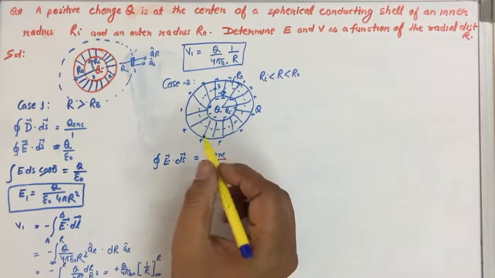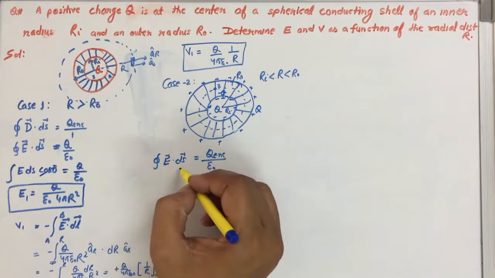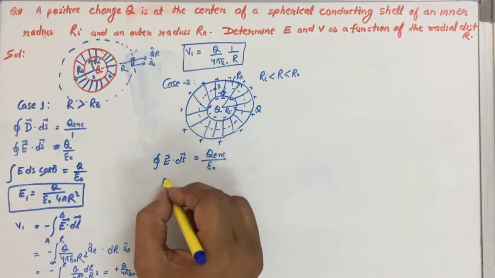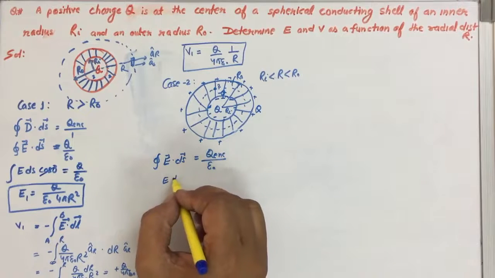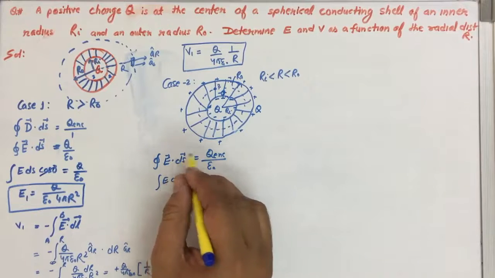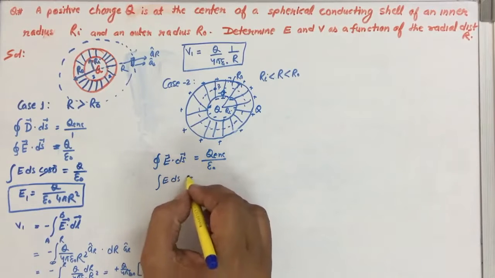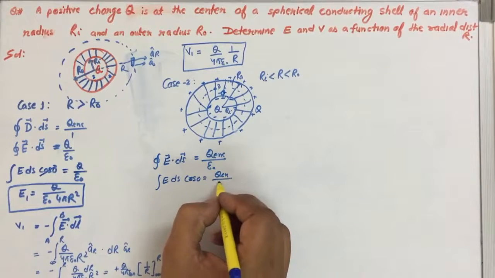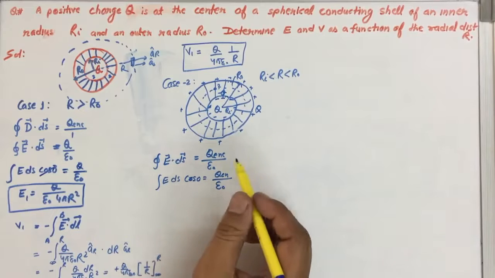Okay. So here the charge enclosed is, we can write E and ds always will be normal. So here we can write E cos 0 will be Q enclosed by epsilon naught.